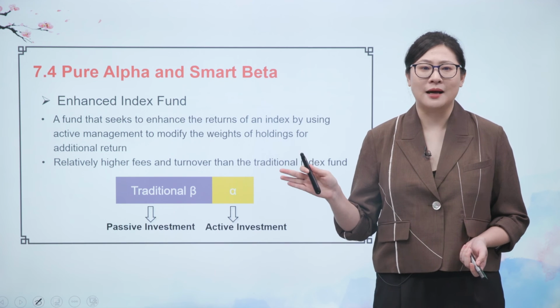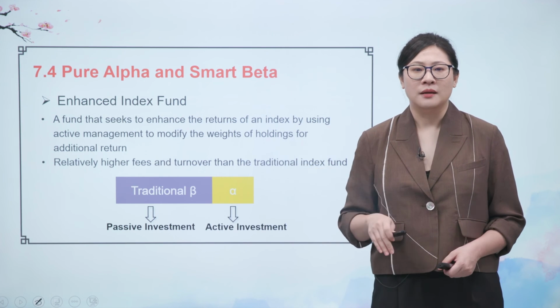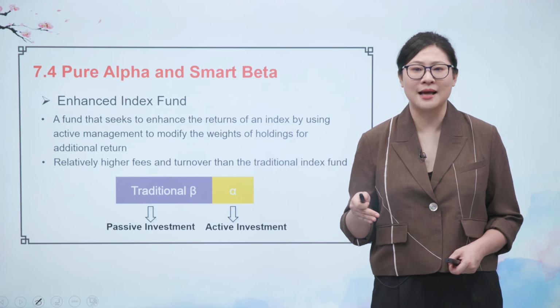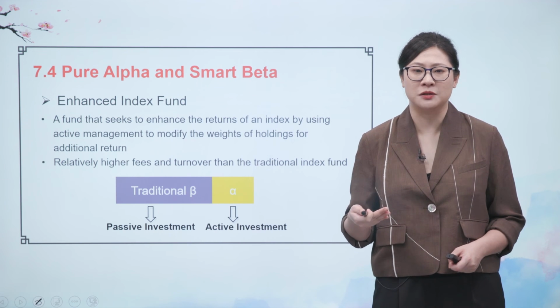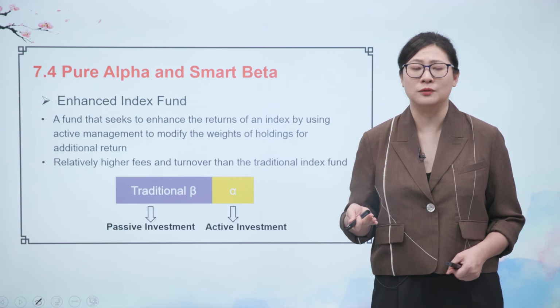The last slide I will talk about is the enhanced index fund. It is a fund that seeks to enhance the return of an index by using active management to modify the weight of holdings for additional return.